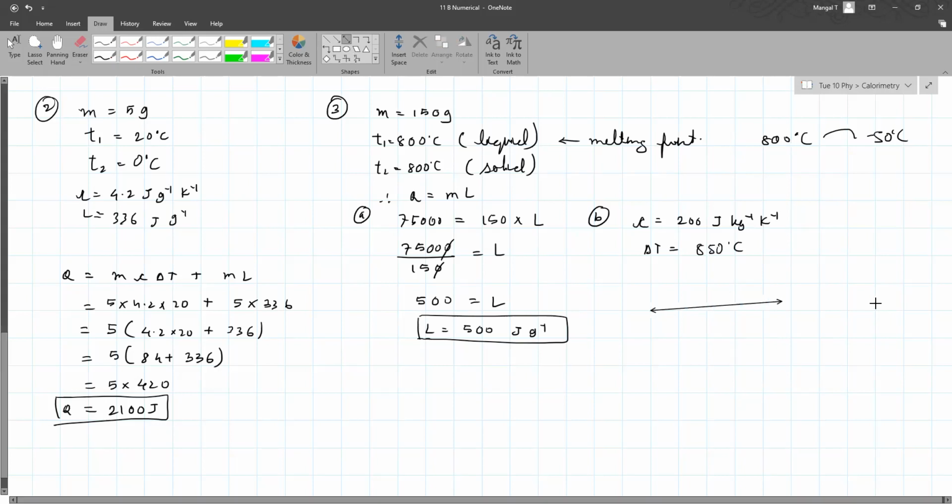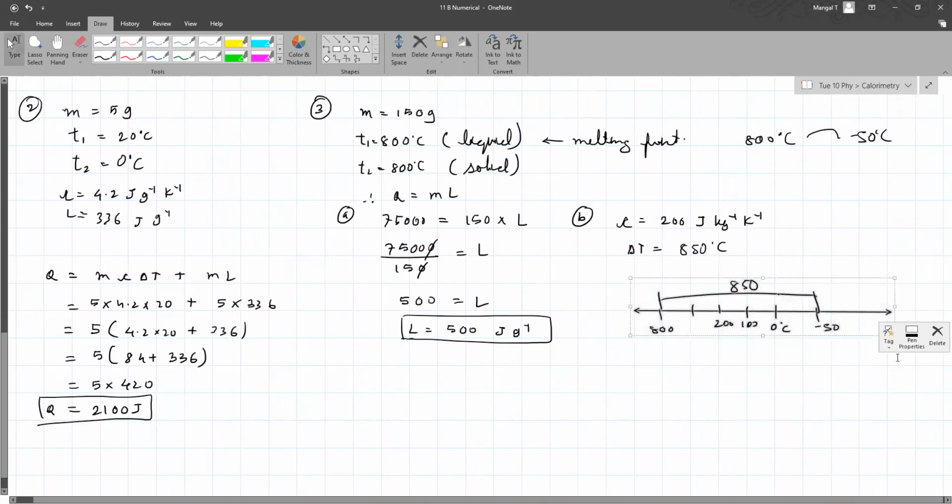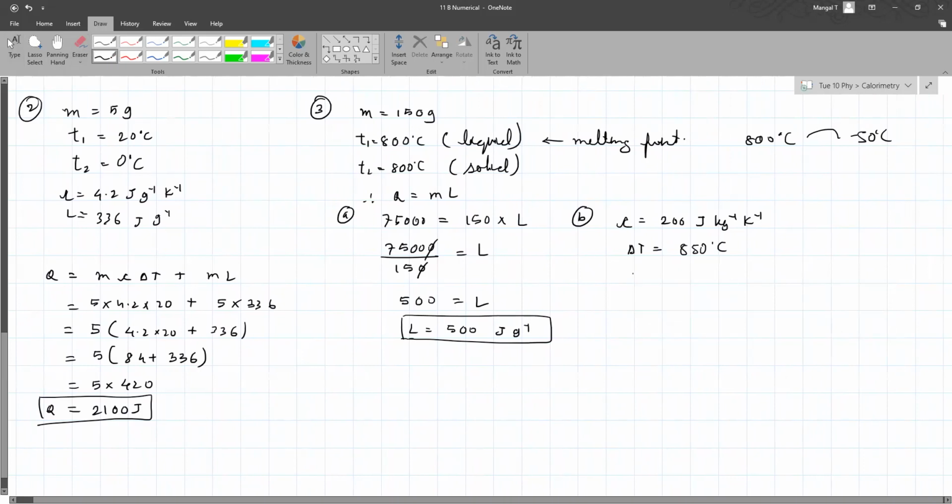See this, if you look at the scale, this is 0 degrees Celsius, this is 100, this is 200, this is 800, and this is -50. So when you're going from here to here, this is 850. And we know the mass is 150 grams. So Q is equal to mc delta T, that is 150 into 200 into 850.